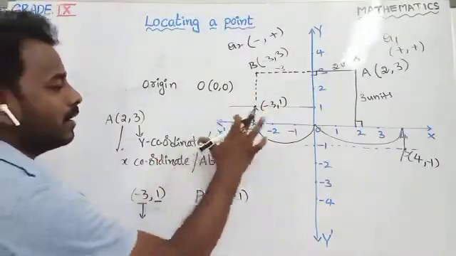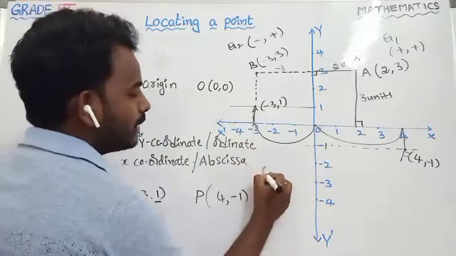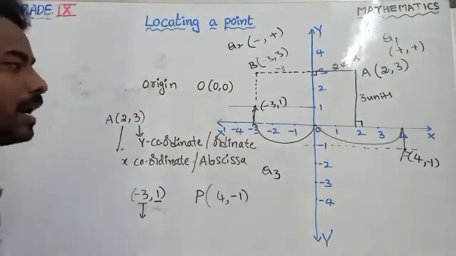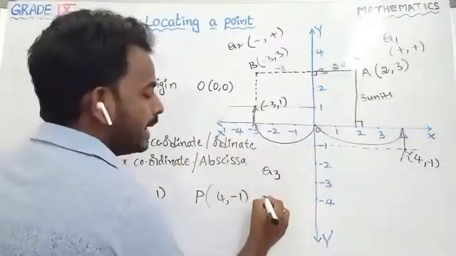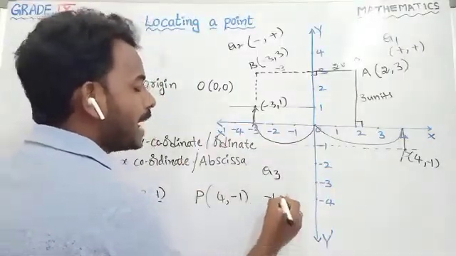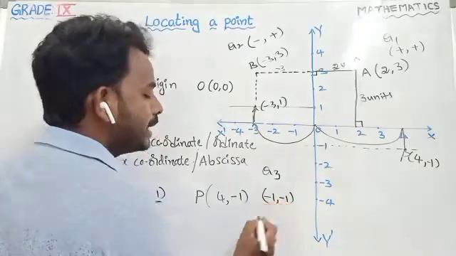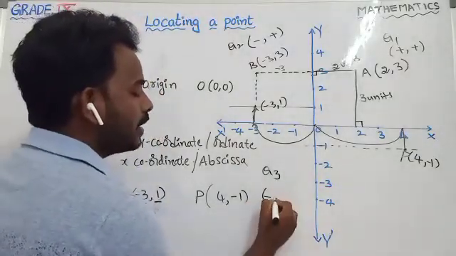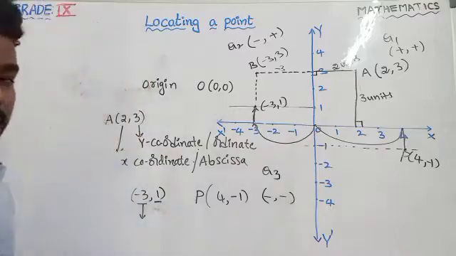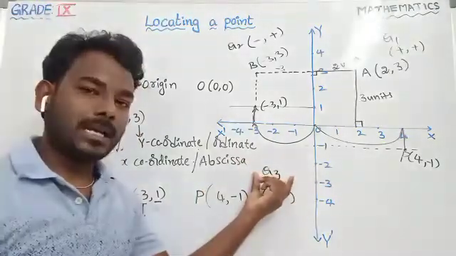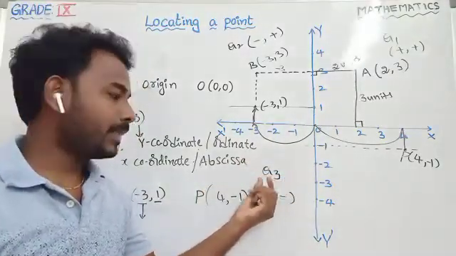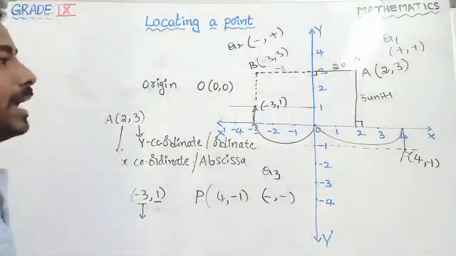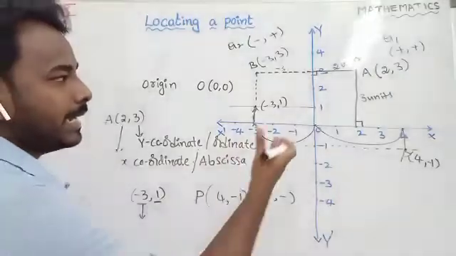Coming to the next quadrant, quadrant 3, the points have a negative x coordinate as well as a negative y coordinate. So minus comma minus: all points which lie in quadrant 3 have x coordinate negative and y coordinate also negative. You can verify by seeing these examples.